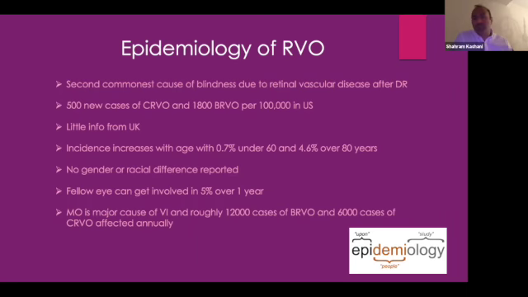And the incidence massively increases with age. As I mentioned, less than 1% under 60 to nearly 5% in over 80s. There's no gender or racial difference in this. The majority cause of vision loss is macular edema.